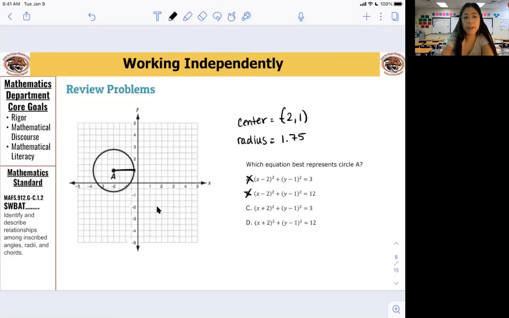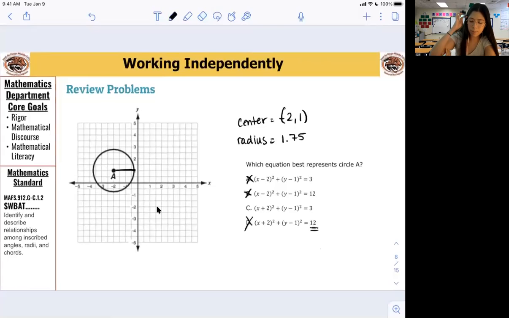Because of that, it looked like it was 3. If you chose answer choice D, you might have thought the radius is like 3.5, and 3.5 squared would be around 12. So if you chose D, you probably counted wrong.